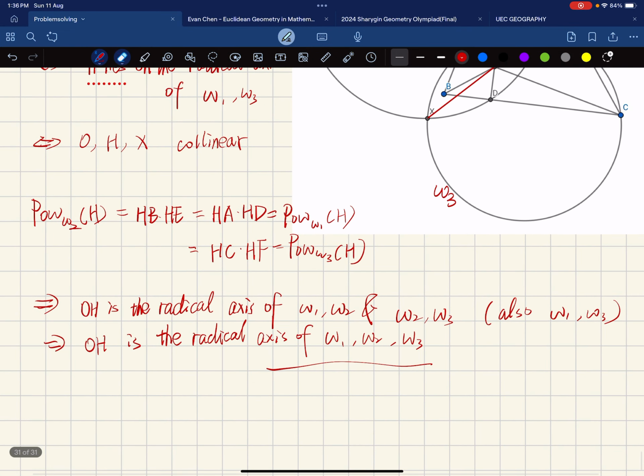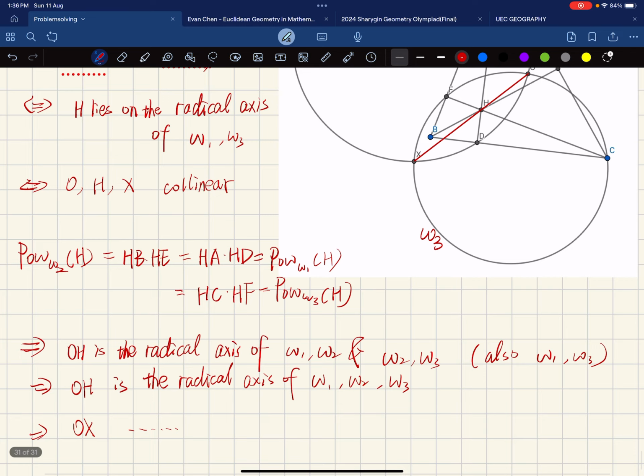That's the original thing we have. So after that, what can we get? You might find that the problem is solved, because X lies on OH, which is also the radical axis of the three circles.